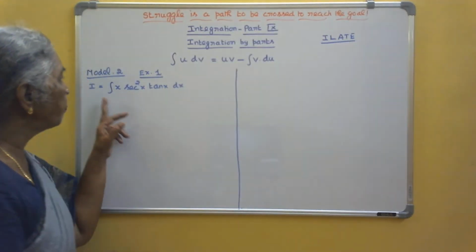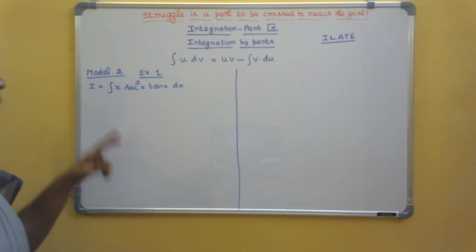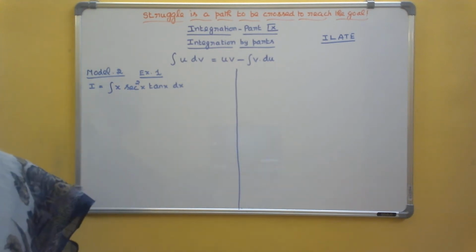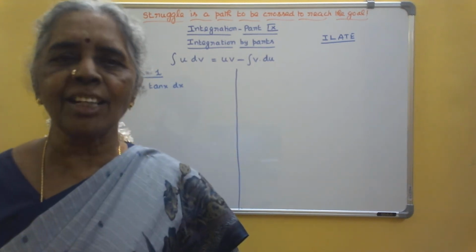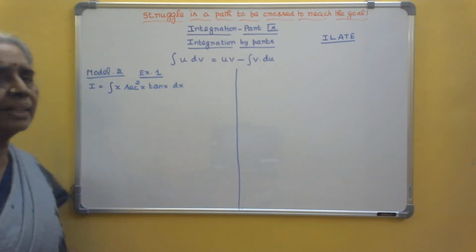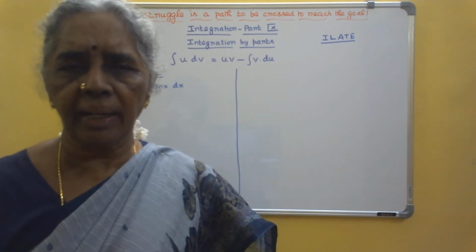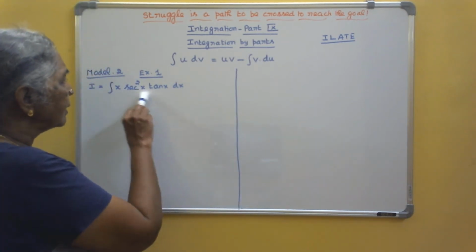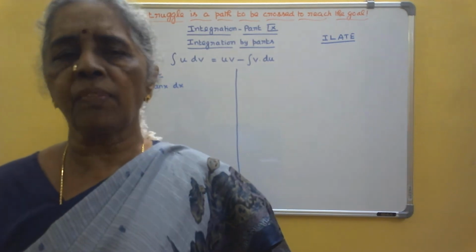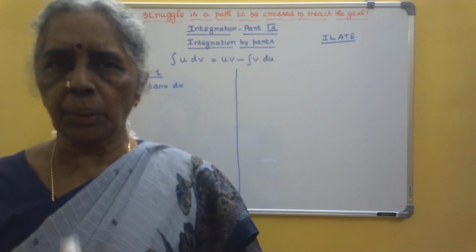Now see this sum. I is equal to integral of x secant squared x tan x dx. You may wonder, here you are having 3 terms, isn't it? Okay, but here the x is an algebraic function, right? Both the secant squared x and tan x, they belong to trigonometric functions. So you have to combine the two together.